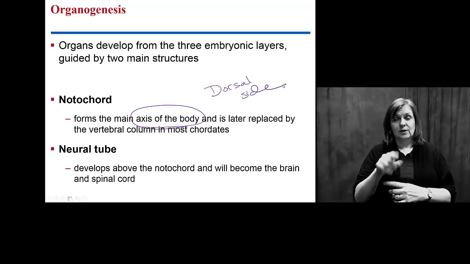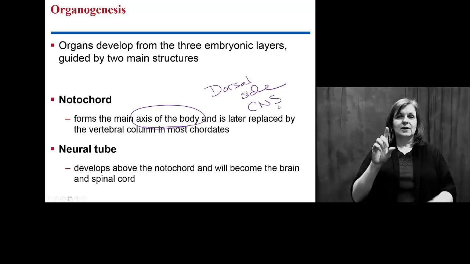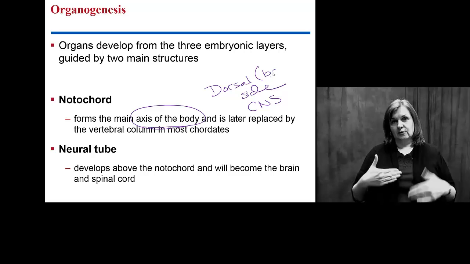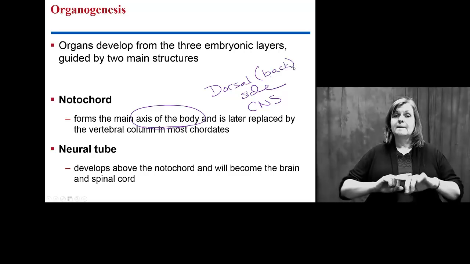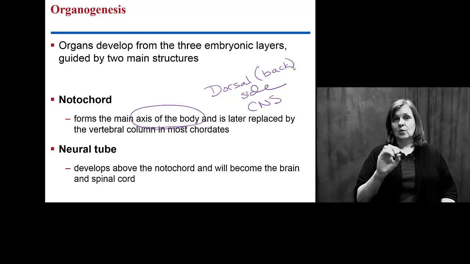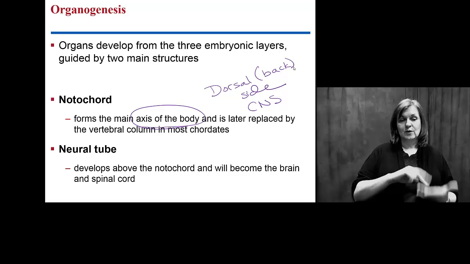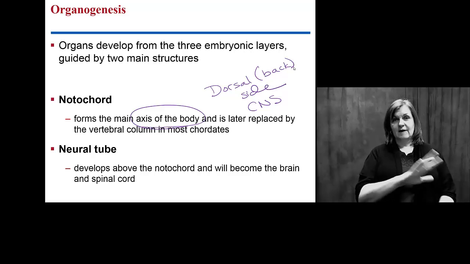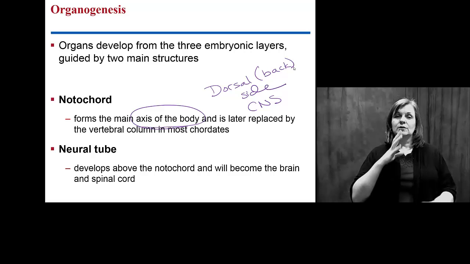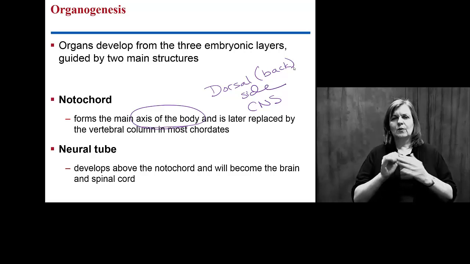For you, your central nervous system is located primarily on your dorsal or back. However, in other animals, the notochord will actually place on the ventral side, meaning that their central nervous system would be located on their ventral side. We'll talk in animal evolution about the benefits of that.